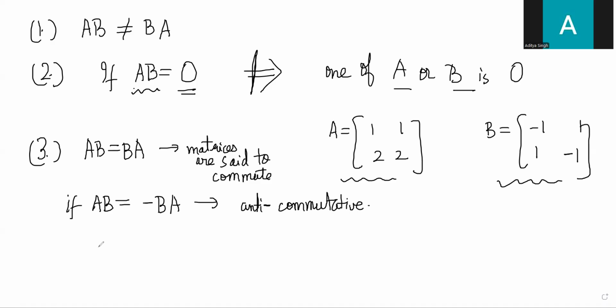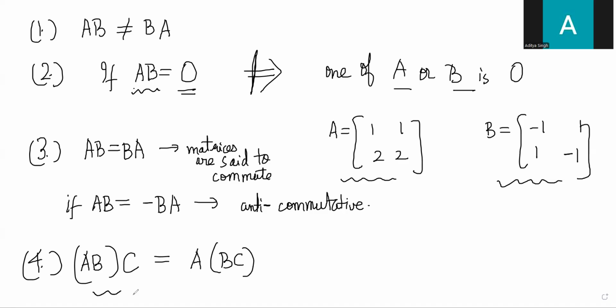Okay. Now, one very important property, the property that we used in the previous question, the question that you gave, was that matrix multiplication is associative. So A times B times C is the same as A times BC. This is what we used earlier, if you remember. Right? Yes, sir. Okay. Then there is also one important property, which is the distributive property.